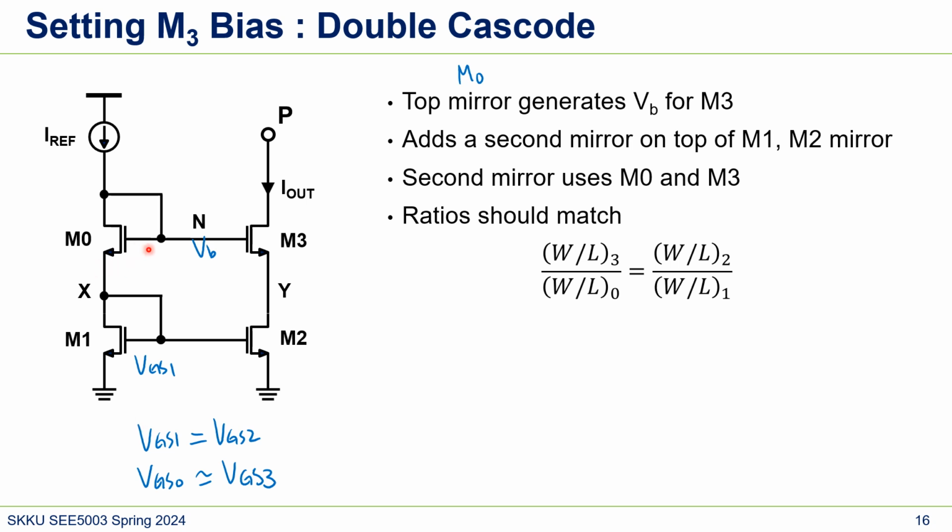So VGS0 and VGS3 should be similar, which means that Vx and Vy should be similar. And again, the advantage of this part is that the voltage change here at P will be mitigated at Y. So these two operate as a good shelter for this voltage Y.